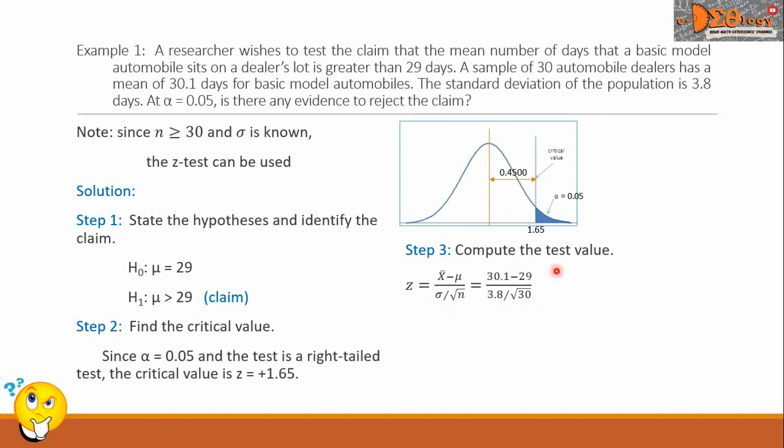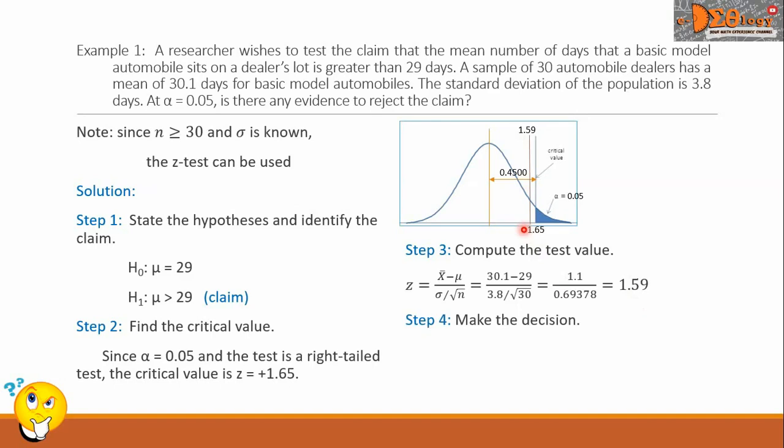Simplifying further, the numerator is now 1.1 and the denominator is 0.69378. Getting the quotient, we have 1.59. We take note that this 1.59 is less than 1.65, so this is on the left side of 1.65.